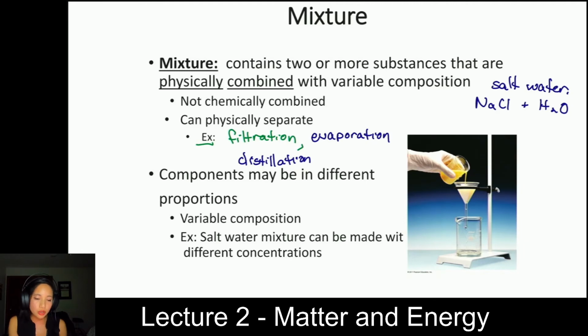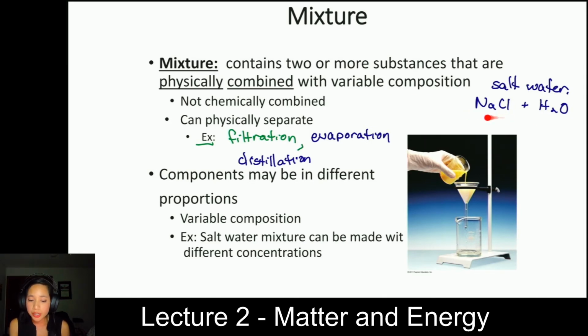So if we wanted to separate salt water, we could physically separate it through evaporation, where we evaporate the water off and leave the solid sodium chloride behind. And like I said before, we can have a variable composition of salt water, meaning that the components can be in different proportions. We could have a 50-50 mix of sodium chloride and water.